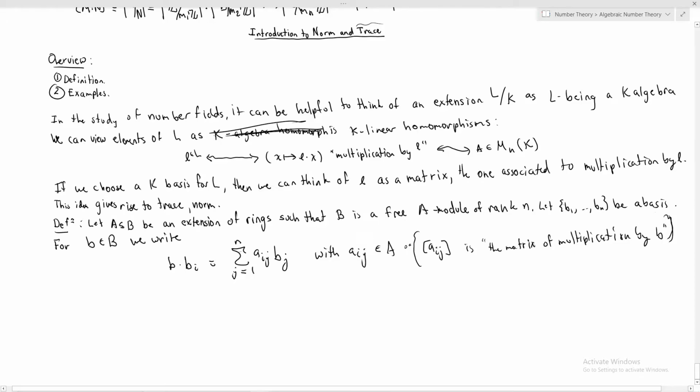So why is this the right matrix to look at? b times bi is the element b acting on the ith basis vector.